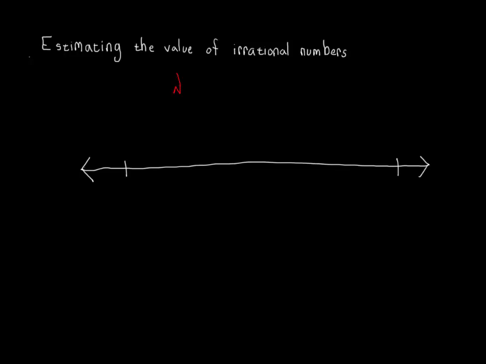Let's say this time we want to estimate the square root of 67. So we're going to need to find the perfect squares on the left and the right that are closest. So let's see here. I know that the square root of 64 is 8 times 8. And I know that the square root of 81 is 9 times 9.